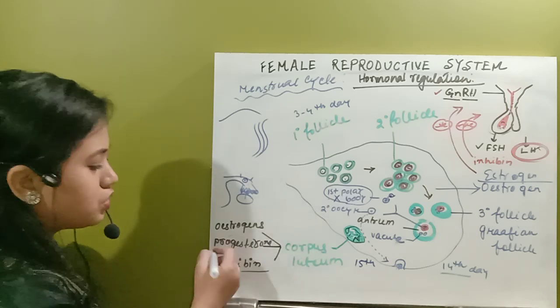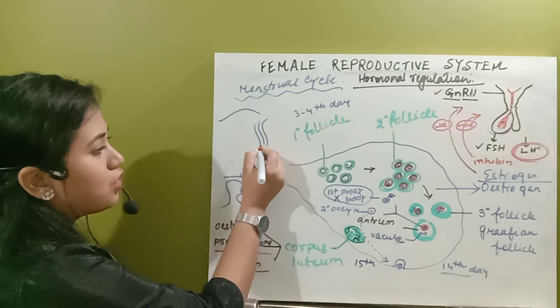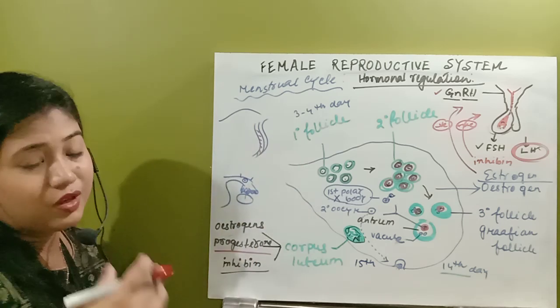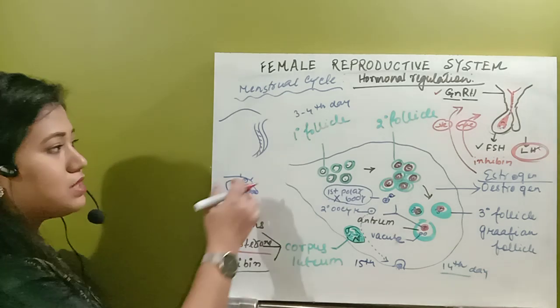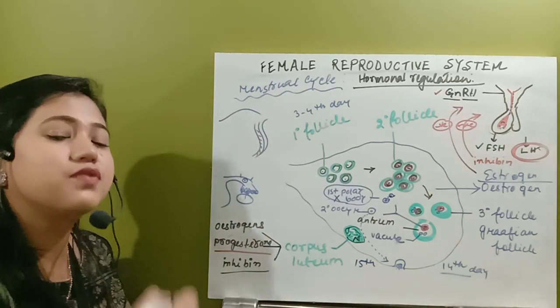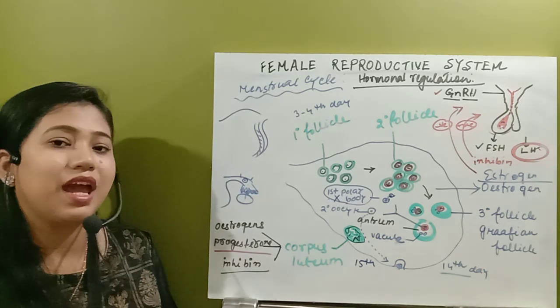Due to the influence of this progesterone hormone, this endometrium will become highly glandular and vascular. That means inside the endometrium the blood vessels are going to be more coiled, and it also develops some gland cells.